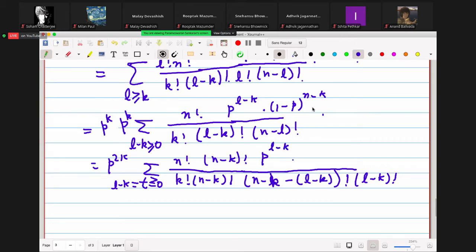No? And here I write that q power n minus k, but I write that as 1 minus p power n minus L. Should I write that way? There'll be one more term missing, k minus L, no?